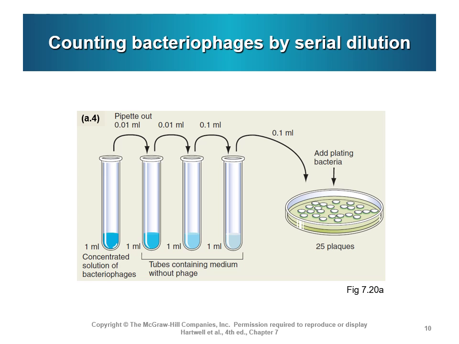We do serial dilution, pipetting 10 microliters of the original into 1 milliliter, and then 10 microliters of the second dilution into the third one, which contains 1 milliliter, and so forth, until we have a diluted sample, and then we add the plating bacteria into a petri dish, and we get colonies, and based on the number of colonies, we can back calculate the concentration of our original stock containing the bacteriophage.